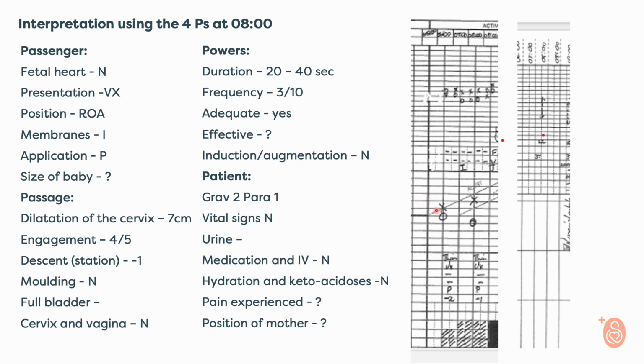So here we have a problem, and here is another big part of the problem, the fact that this head still stays quite high. It's now a little bit more engaged. It's 4/5 instead of 5/5, and the descent is now -1 instead of -2, but this is still quite high.